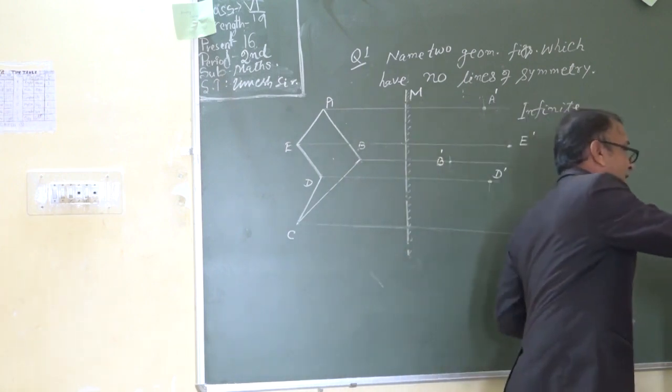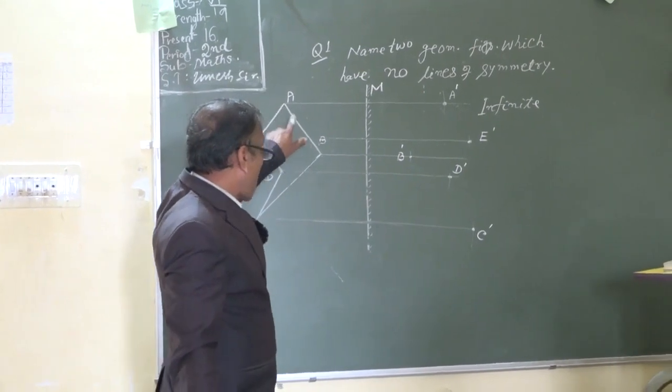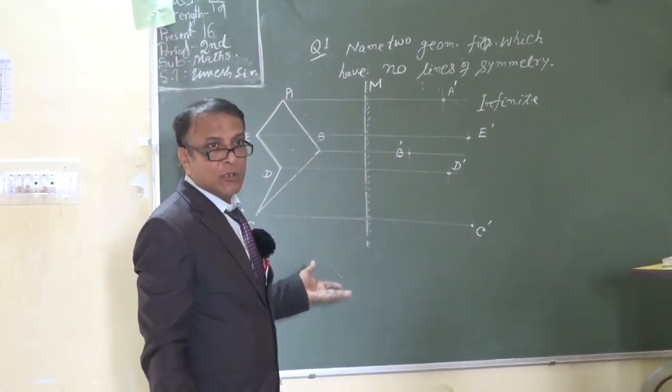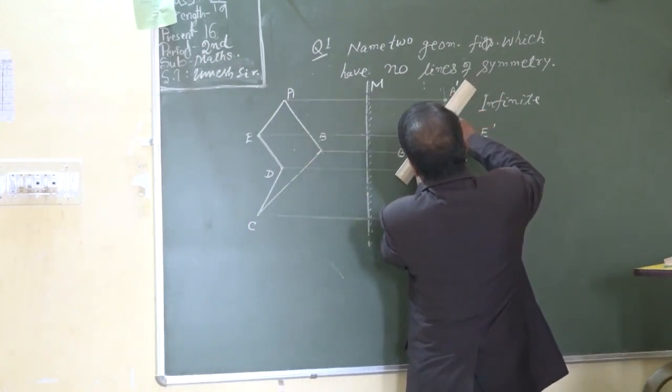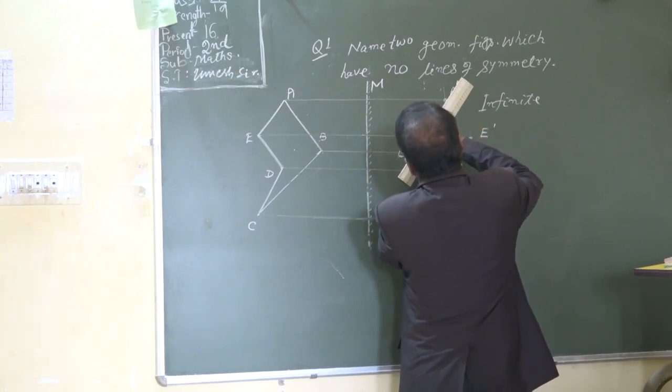Now, after finding all these points, you join. A is joined to B. So this side, A dash will be joined to B dash with a dotted line.